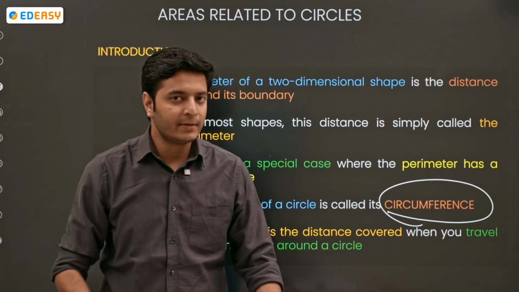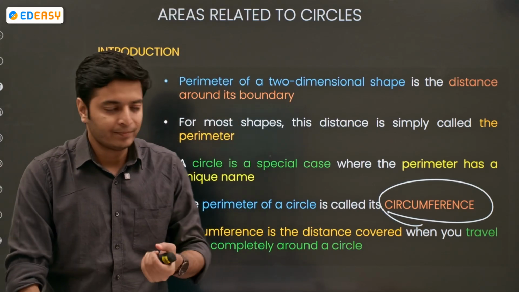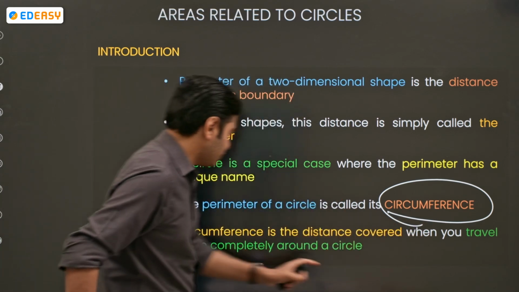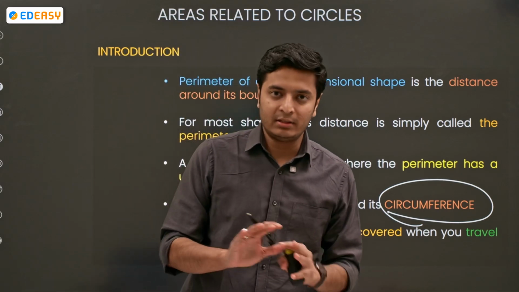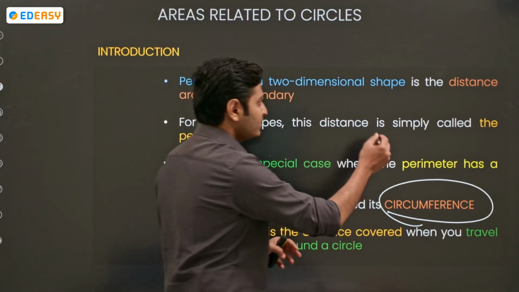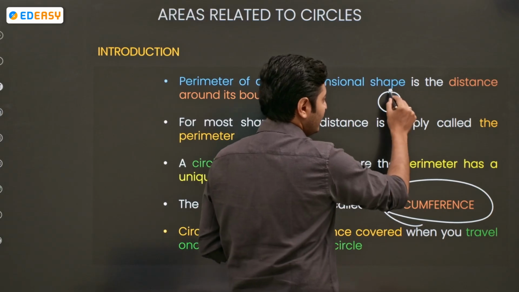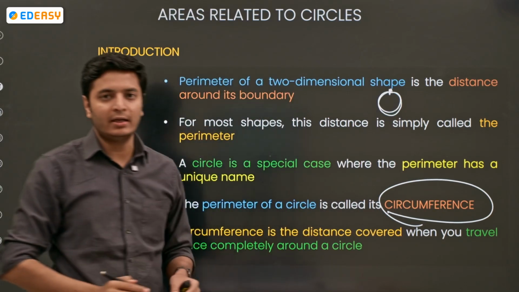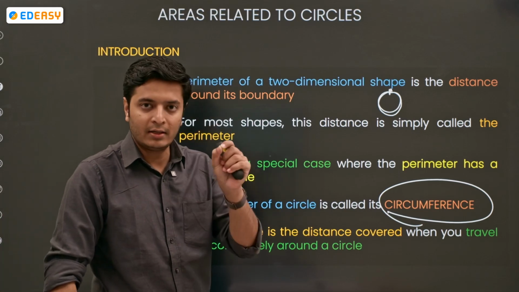So what is the circumference of a circle then? The length of the boundary of the circle. Circumference is the distance covered when you travel once completely around a circle. Suppose I have a circle, and I start from this point and cover the whole distance and reach the same starting point again, then I have covered a full circle, correct?